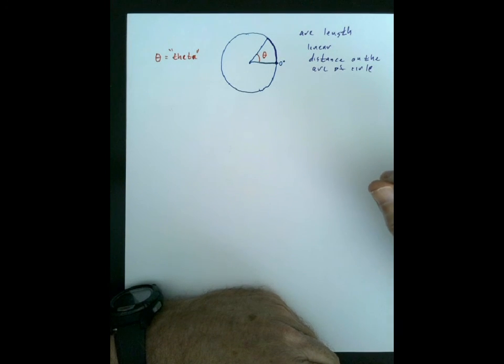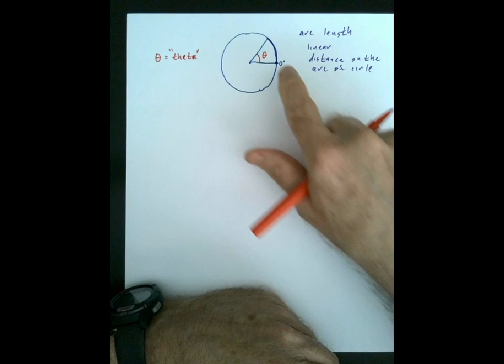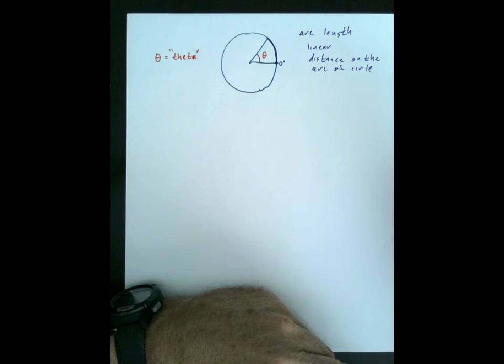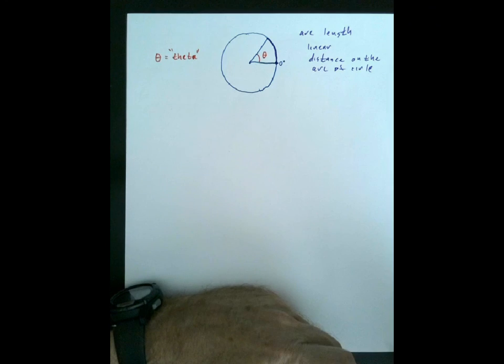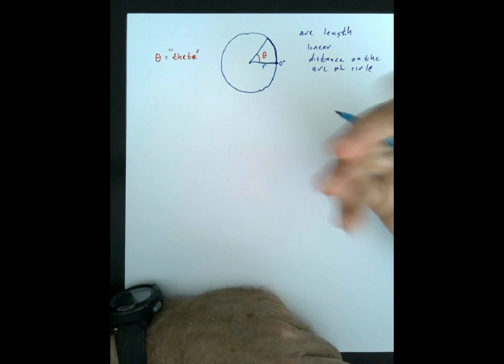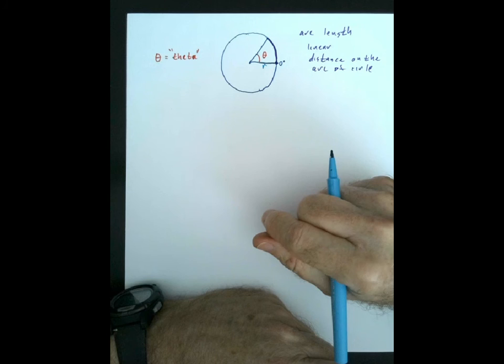So the angle measure is going to be some number theta in either radians or degrees, and the radius is going to be some number r, measured in distance units like inches or feet.